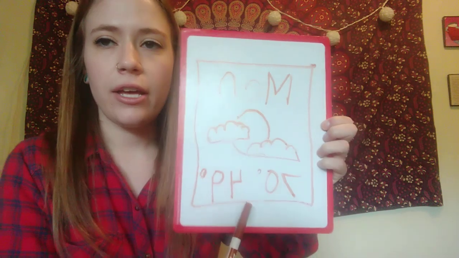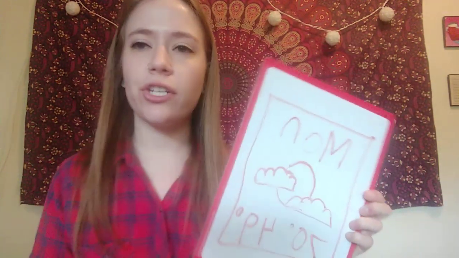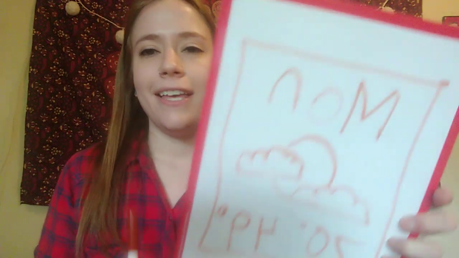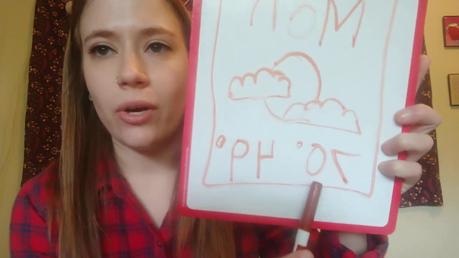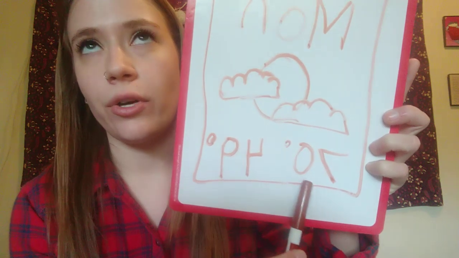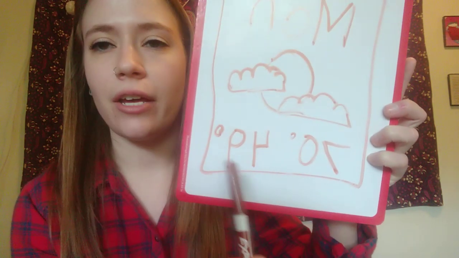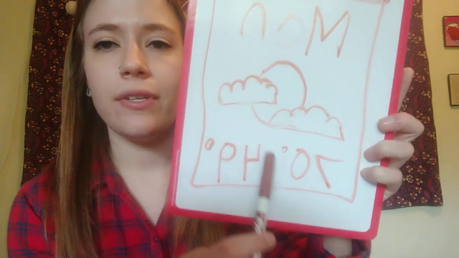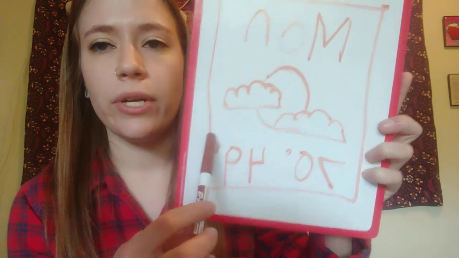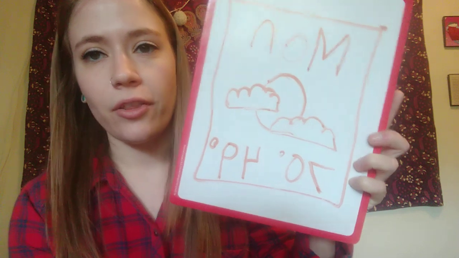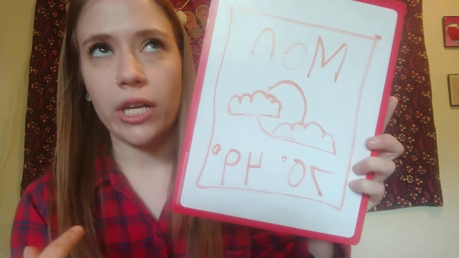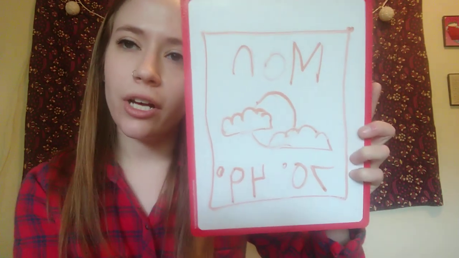One is high and one is low. So my question for you is, which temperature will be our highest temperature or our warmest temperature of the day? Is it going to be 70 degrees Fahrenheit or 49 degrees Fahrenheit? Another way of asking this would be, what number is closer to 100?